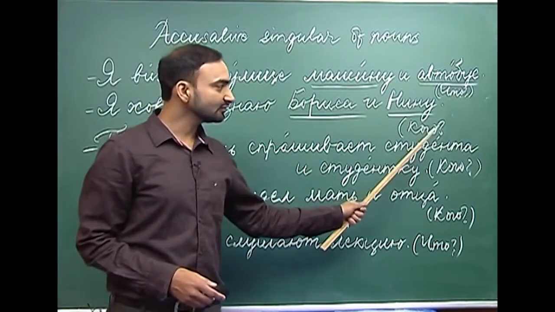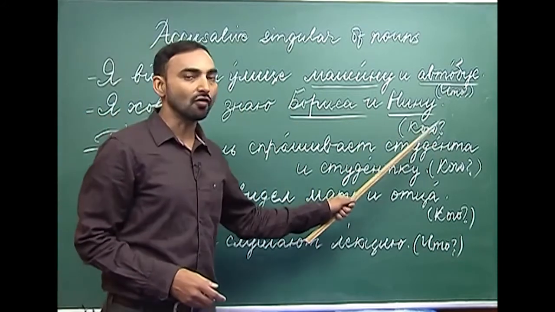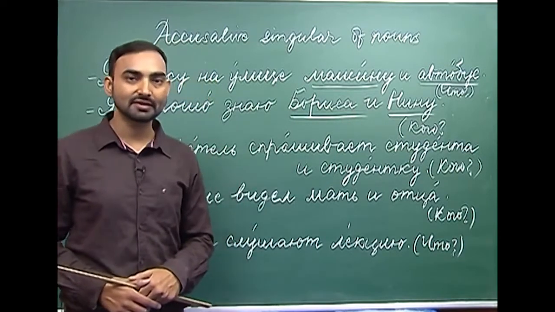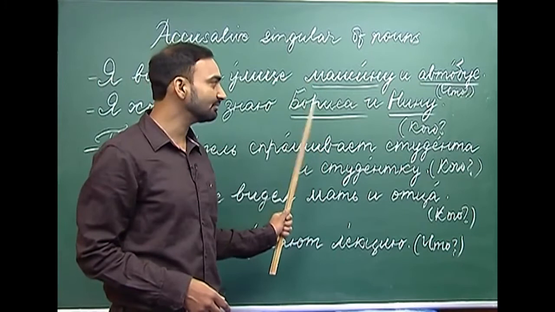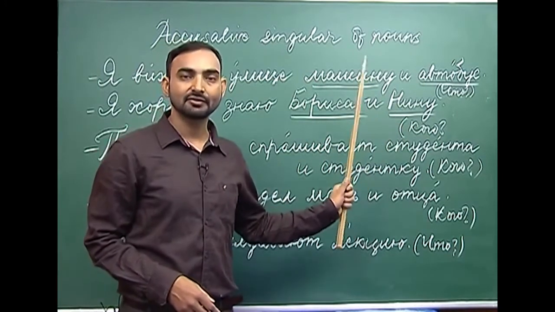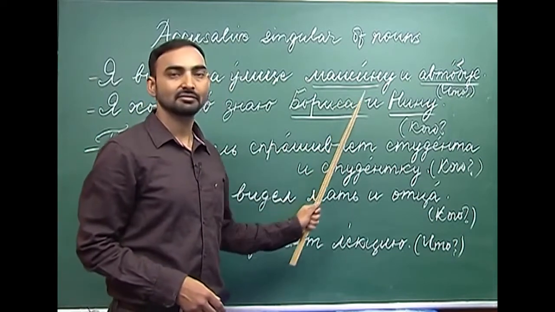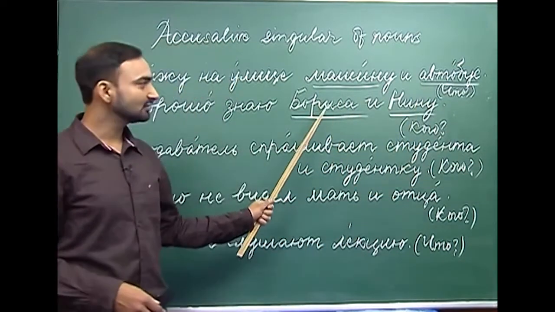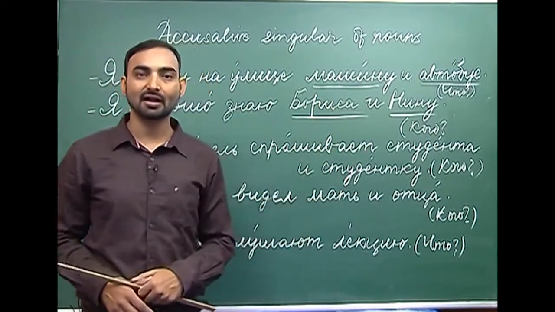And the question to which this is the answer is Kavo. So, when the question is Kavo, we use animate nouns. Boris is a masculine Russian name, and Nina is a feminine name. So, Boris has become Borisa and Nina has become Ninu. A, U, and with masculine nouns we add a if it ends with a hard consonant.